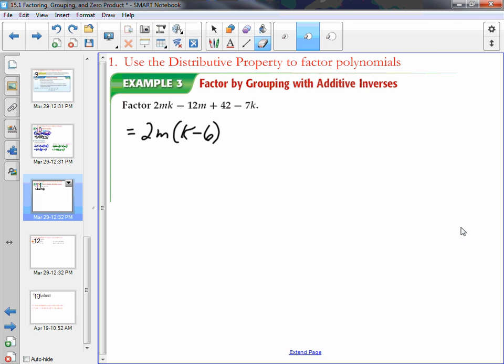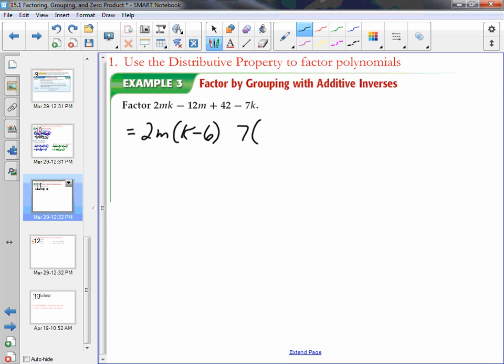So from the second pair, the 42 and the negative 7k, what divides into both of those? 7. Now, I'm not going to put a sign yet, because I'm not sure if I should be factoring out a negative 7 or a positive 7. I need to see what this thing looks like. I'll do a positive 7 first.